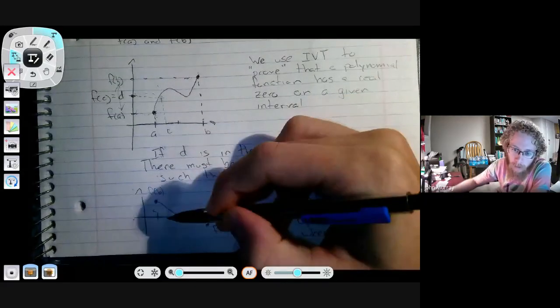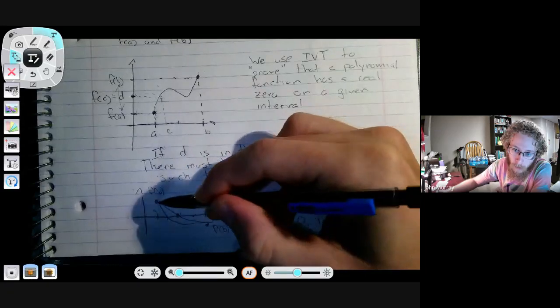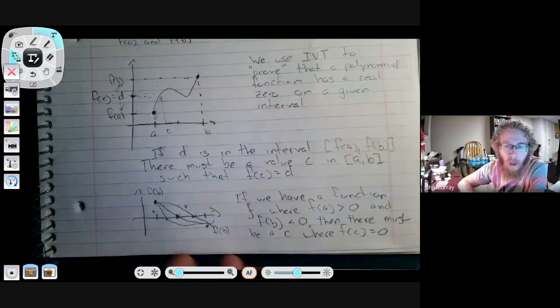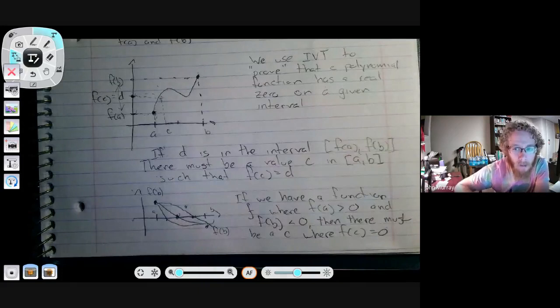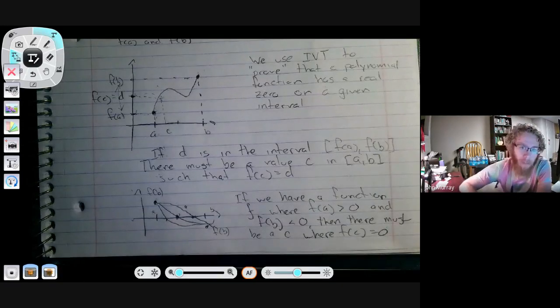So it could be anywhere. Okay, but it must cross that x-axis. Right? So, sometimes you're asked just to prove that a function has a real zero. Right? So we'll do one example together like that.